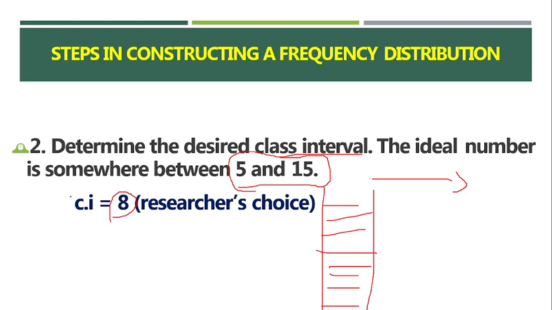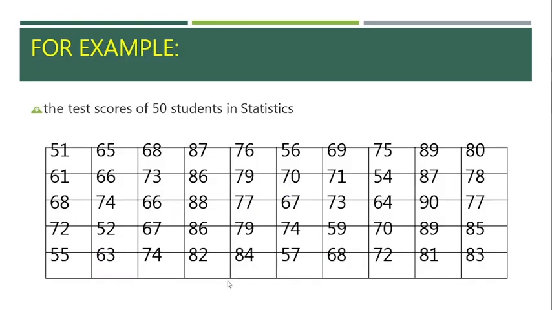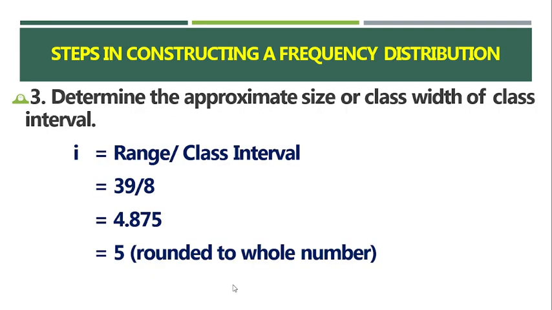Because we know that when you have 50 students, would it be better that it should be 10 columns, Sir Jai, then you have 5 class widths? Let's see. There is a proper way to construct your intervals and your class size or class width. So the next step is to determine the approximate class size or class width from your class intervals.